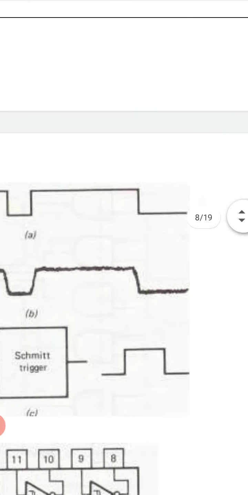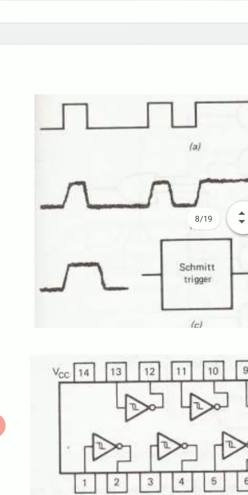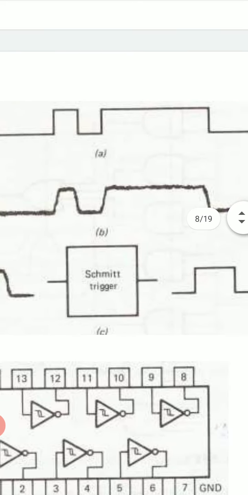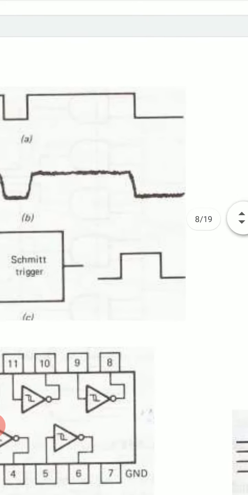This is shown in figure C. The waveform of figure B is fed into this Schmitt trigger circuit, and the output from this is shown here, and it shows vertical transitions between 0 to 1 or 1 to 0 state.